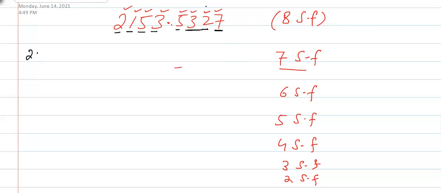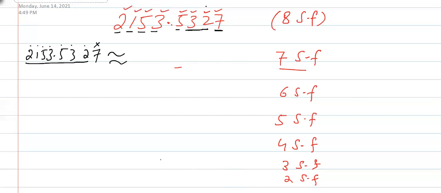Let me write. It's 2153.5327. Okay. I'm rounding it to 7 significant figures. So I need all these, because counting of significant figures will start from the left side. So 1, 2, 3, 4, 5, 6, 7. I need this, but I don't need this one. But before leaving it, the one I'm leaving is 7.